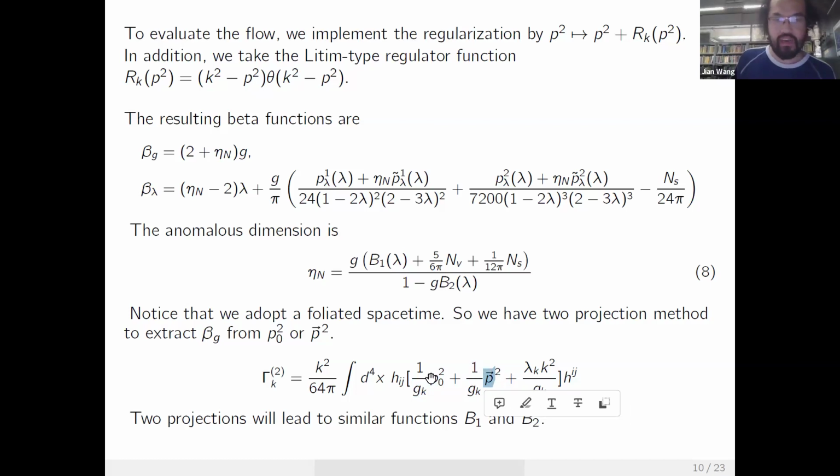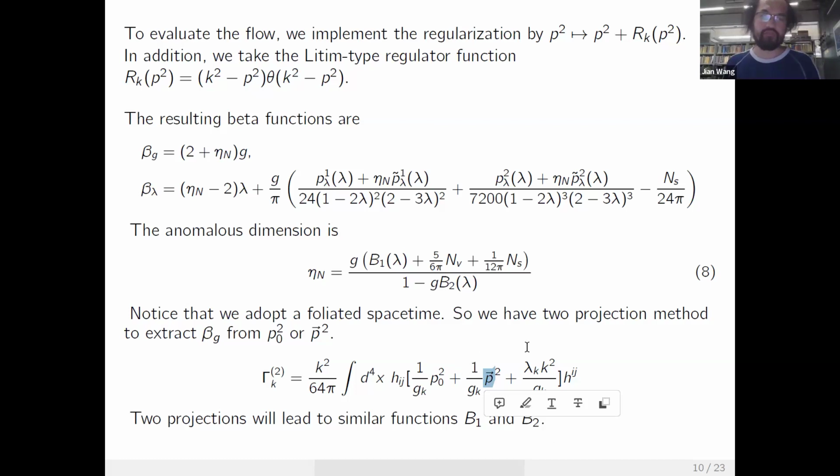Then they will give slightly different RG flows for the Newton coupling. In fact, for the covariant case, those two factors should agree with each other. But for our foliated spacetime, they are usually slightly different, though they give a similar qualitative structure for the beta function as well as the functions here.